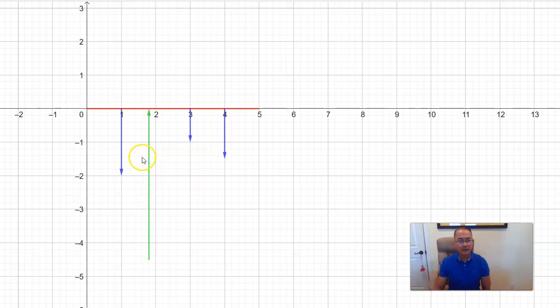So first things first, the sum of the three lengths over here should be the length of this arrow. In other words, the sum of the three weights of those objects must be the force which the water bottle is exerting in the opposite direction.